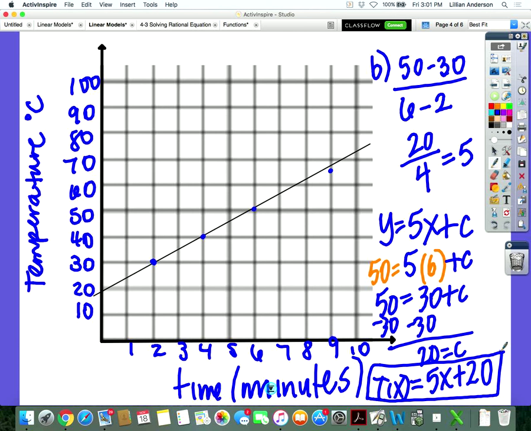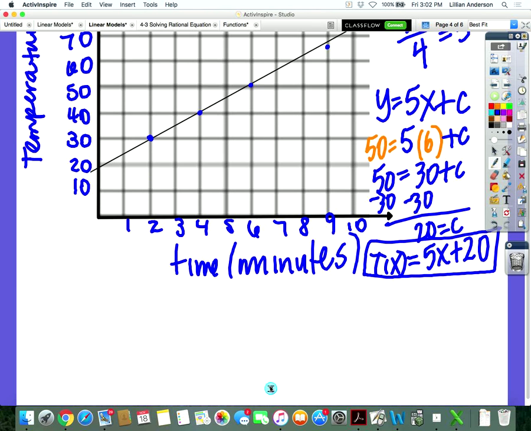Questions on that? Part C says, find the temperature after 8 minutes. So I'm trying to figure out what the temperature is after 8 minutes. What do you think I want to do with that 8?